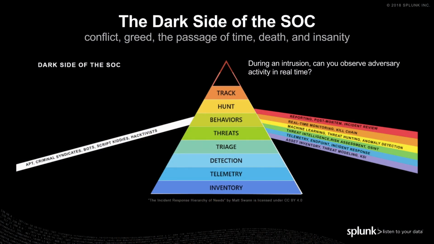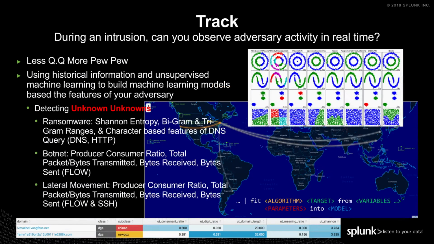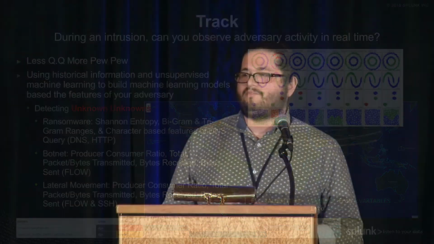So tracking. So how do you observe an adversary in real time? Obviously, visualization is key here, as well as machine learning. So building models is key to this, right? Having a model that incorporates the correct features, some of the things I talked about, like for ransomware, looking at the Shannon entropy of the domains, character-based features of the domains, like how long is the domain, or how many consonants or how many numbers are in the domain, bigram and trigram pairs of the domain.